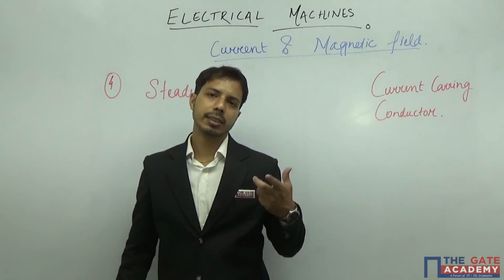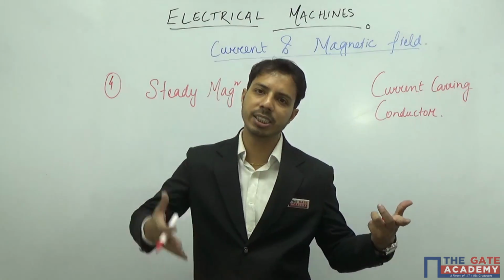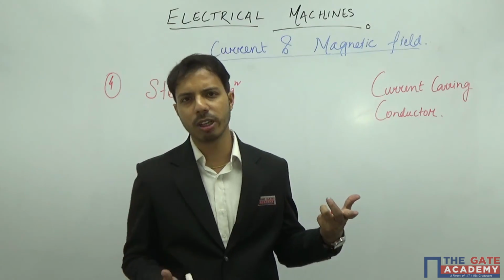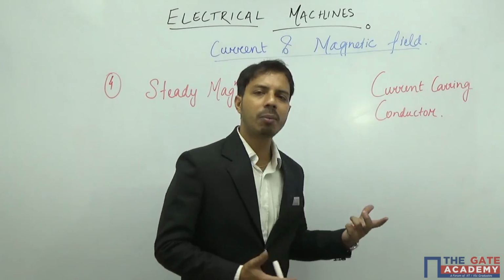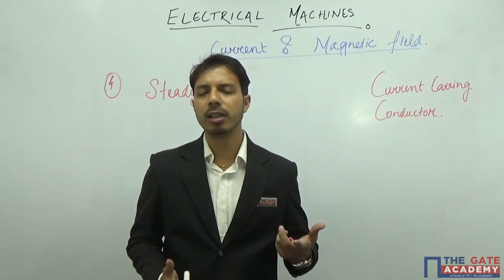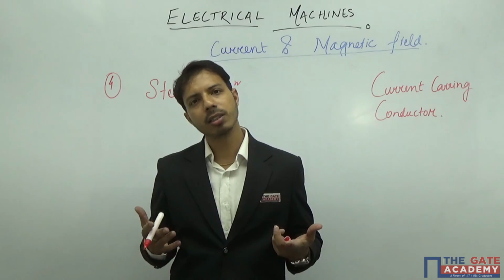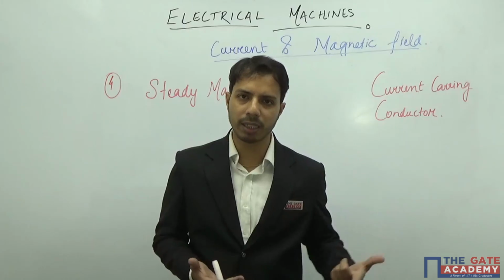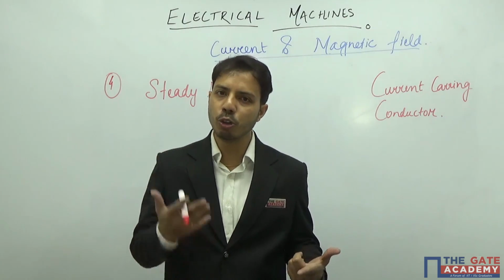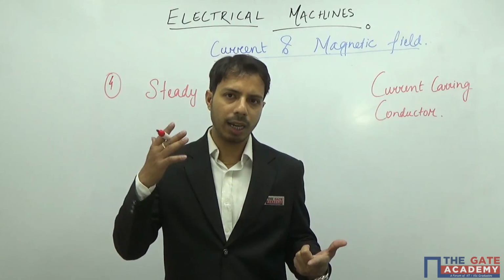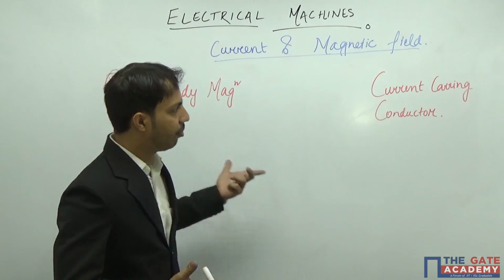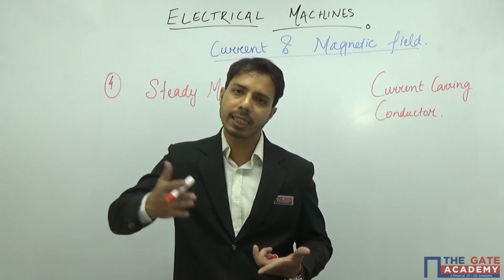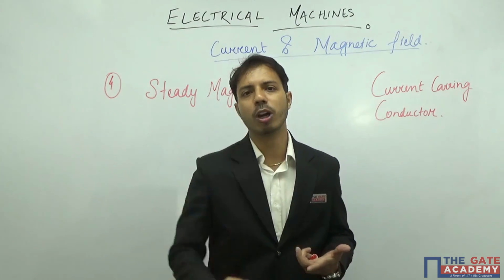If I had a steady magnetic field and I moved my conductor, EMF was induced or current flowed. If I had a changing magnetic field and my conductor was steady, then also EMF was induced. Here I have a steady magnetic field, and my conductor is in that magnetic field and carrying current also. Then what?